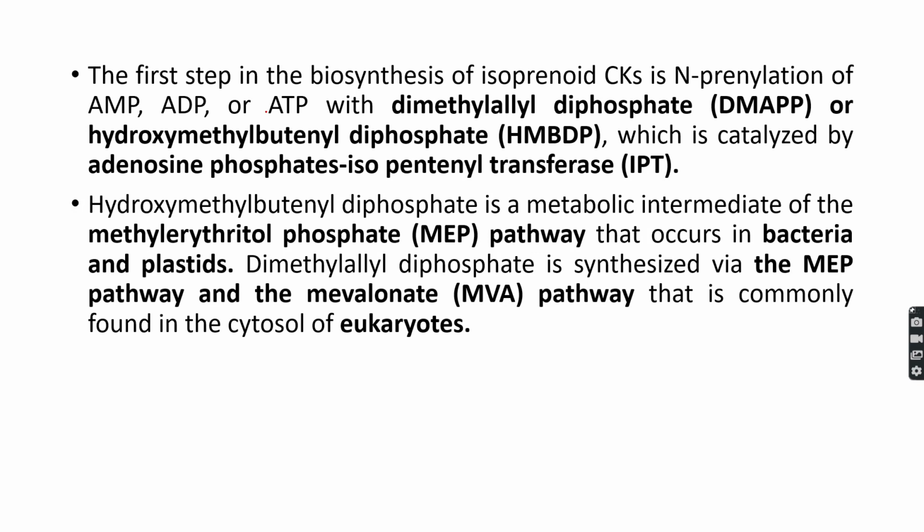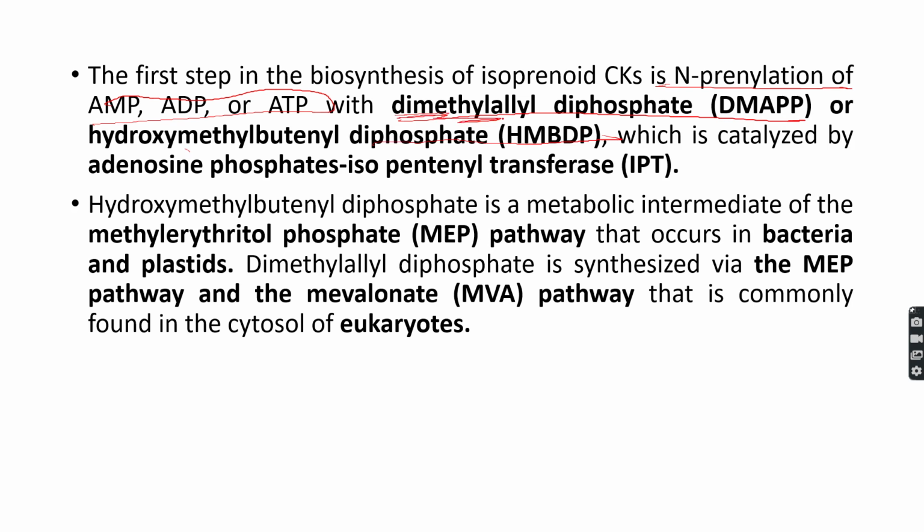The first step in biosynthesis of isopentenyl cytokinin is N-prenylation of your AMP, ADP or ATP, anything can be, with your DMAPP and HMBDP.